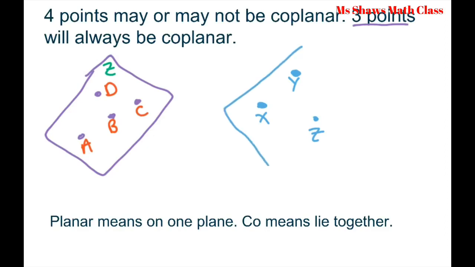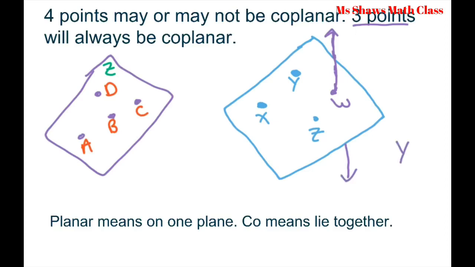let's draw the plane. Those 3 points are coplanar. But if you have another point, let's call it W, that's outside, that goes up in here, then we would say something like Y, W, and Z are not coplanar.